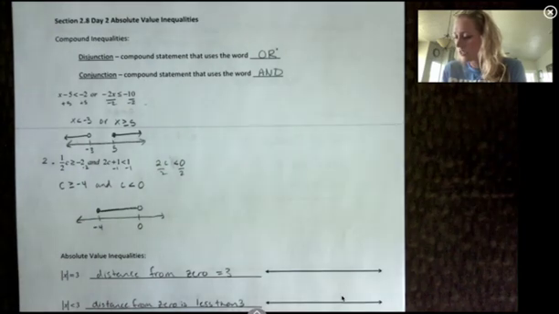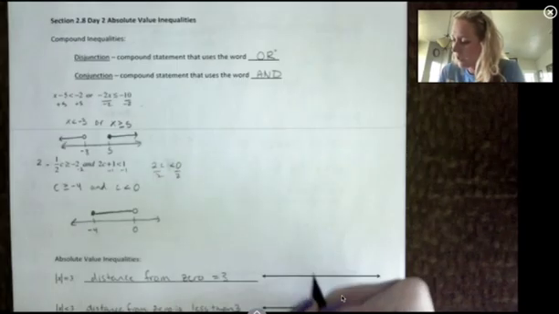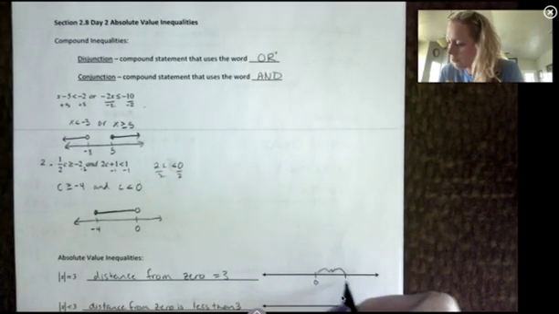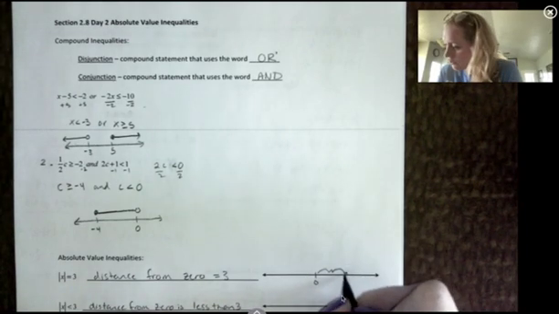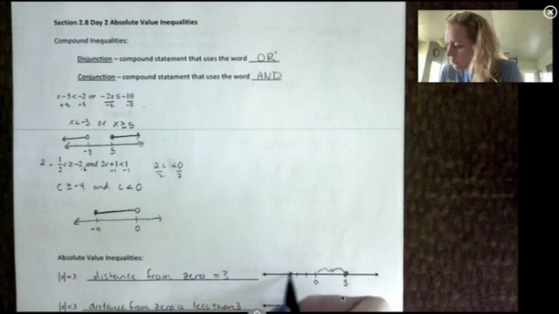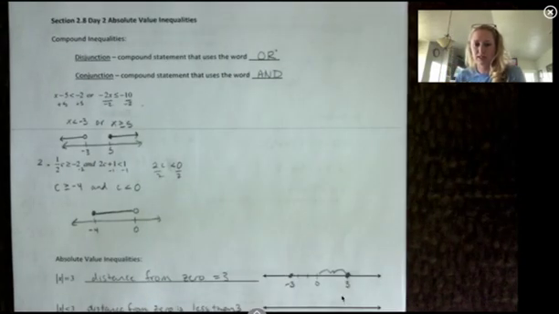So what that looks like on a number line, you guys, is when we have the distance from 0 equals 3, we have two possibilities, right? We have going to the right, so 3 is a solution. So I'm going to put a closed circle there. And then 3 the other direction, right? Negative 3. So those two would be solutions to this absolute value equation.